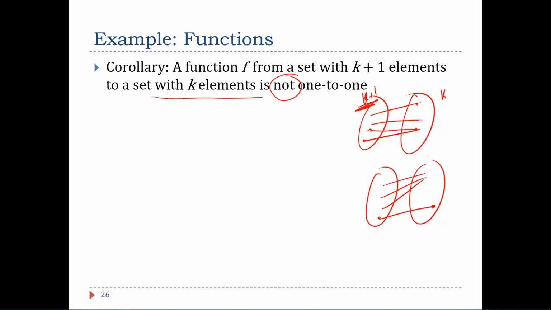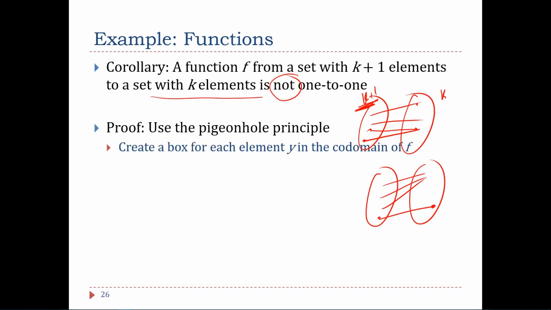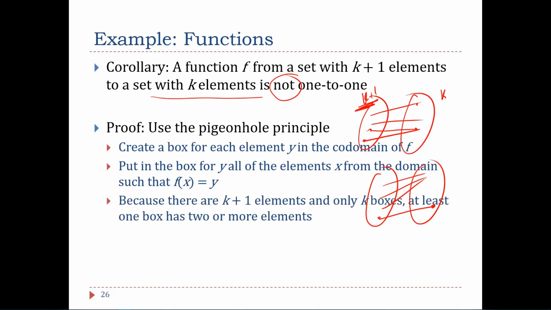Actually, we cannot make it because we have more elements in A. We have already discussed this when we talked about functions and injective functions, but we can also prove it using the pigeonhole principle by considering the elements in the codomain to be the boxes or the pigeonholes, and the elements in A to be the pigeons.